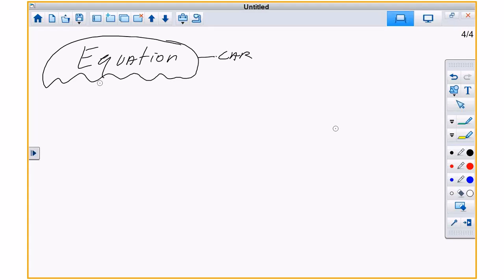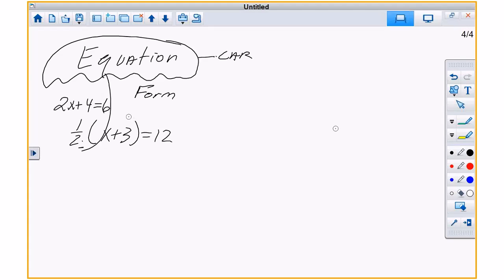Equation is a big umbrella. Okay? It's got a lot of stuff under it. So, when you're talking about an equation, you could be talking about the algebraic equation, which is 2x plus 4 is equal to 6. It could be 1/2 times x plus 3 is equal to 12. Or it could be a formula. Or it could be a direct proportion, which we're going to get into, an inverse.